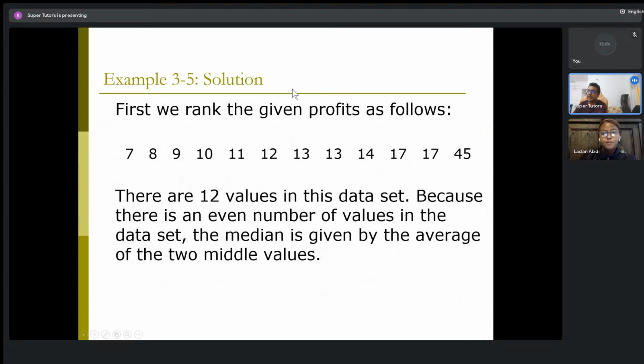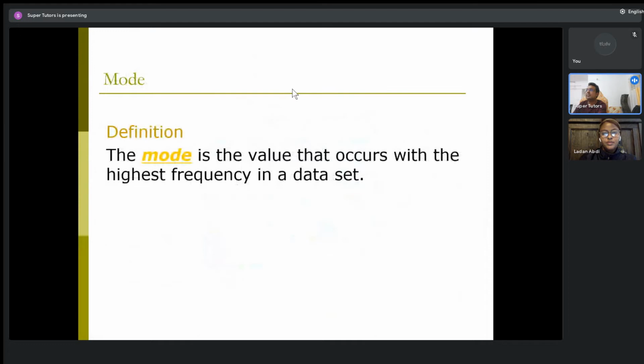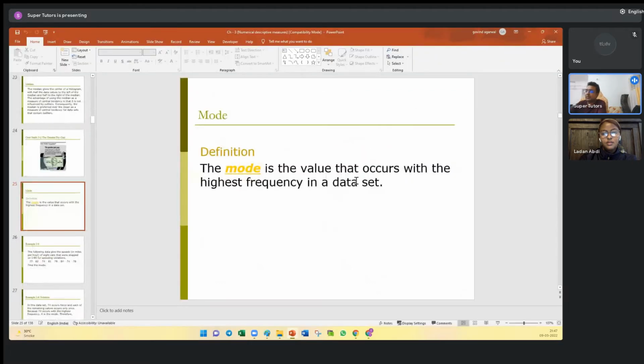Now, the third measure of central tendency is called mode. So mode is basically a value that occurs with the highest frequency in a data set, the most frequently occurring value.